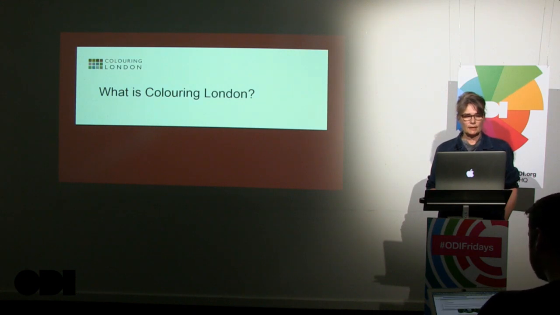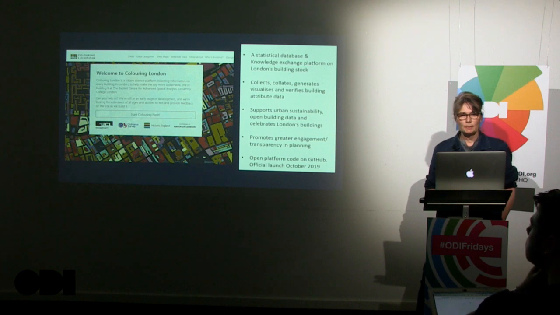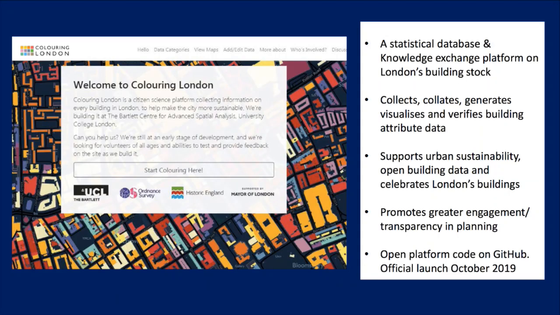So what is Colouring London? It's a statistical database that we're developing and a knowledge exchange platform on London's building stock. The idea is to collect, collate, generate and visualise building attribute data, and also to look at verification processes.